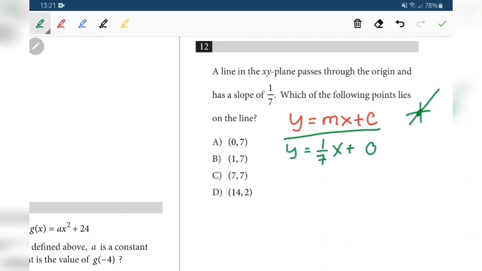So y equals 7 times 1 over 7. Oh, the value is not matching, so the answer is not B. Let's try D. So 2 equals 14 over 7. Wow, it matches. So the answer is D.